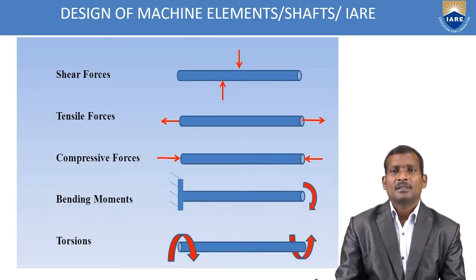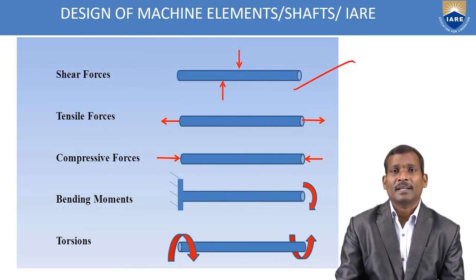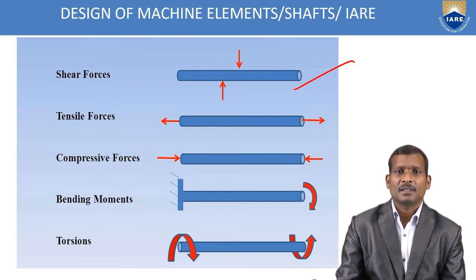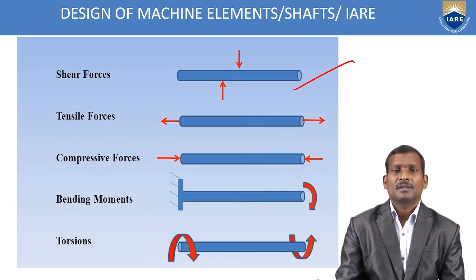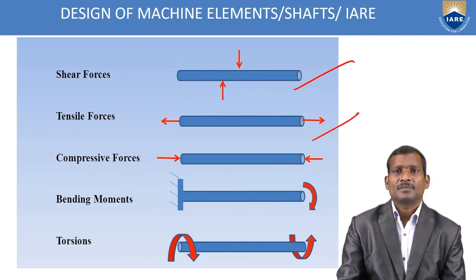Next, see in this slide what forces act on a shaft. First one, shear force. This is a direct shear force acting on a shaft, so shear stress will be induced. Second case, tensile forces, so tensile stress will be induced in the shaft.